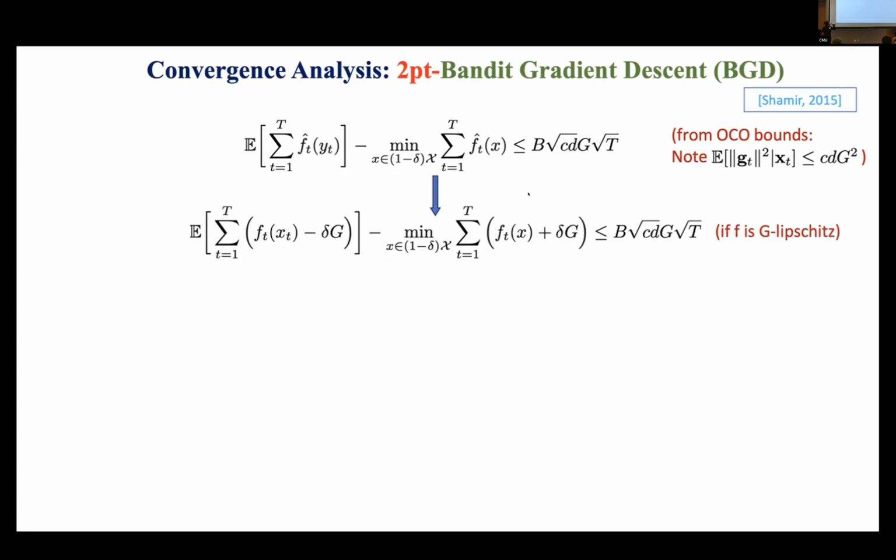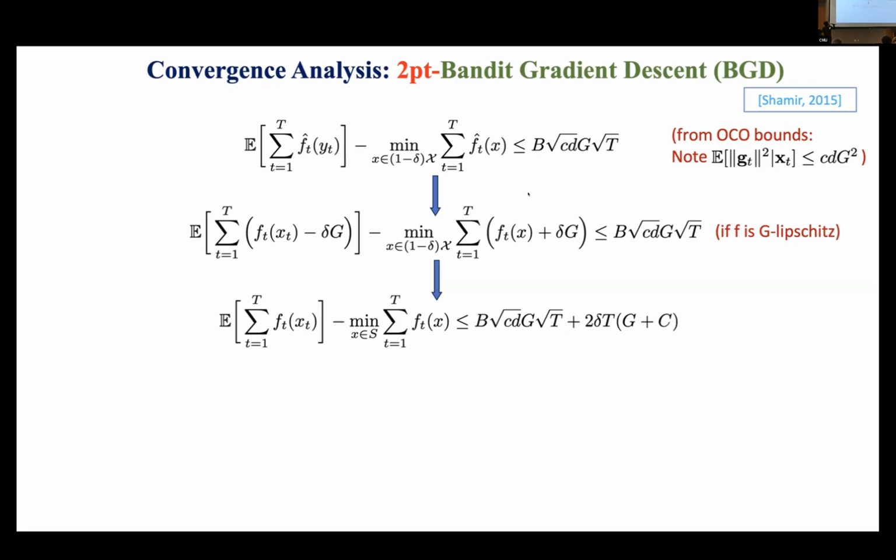Now it's just a problem of converting these f hats into f_t's, and whenever I'm using G here, the boundedness of the gradient, I'm using the earlier bound, dG squared. So I'm getting a better rate on the right-hand side. It might not be clear to you, but if you take a look at the analysis in this paper by Shamir 2015, it will be very clear how this improves the rate.